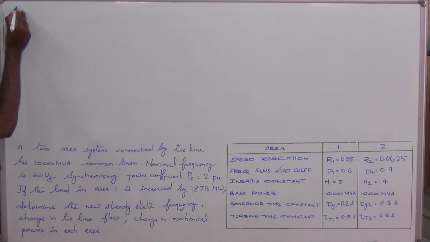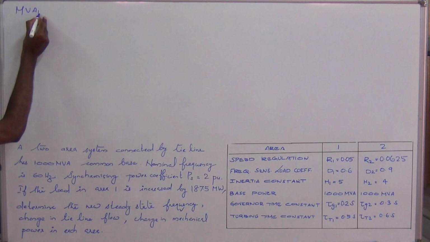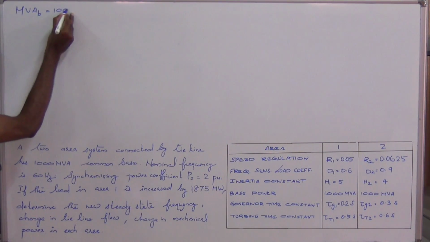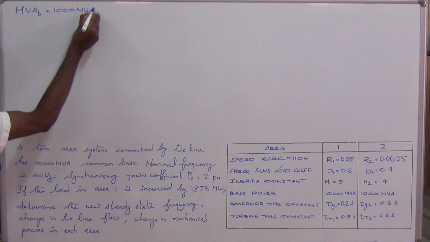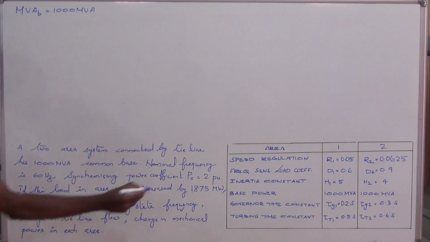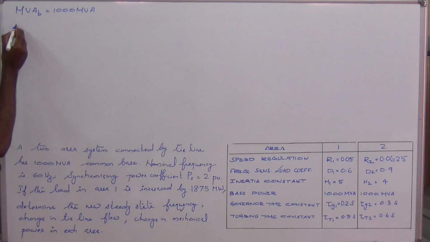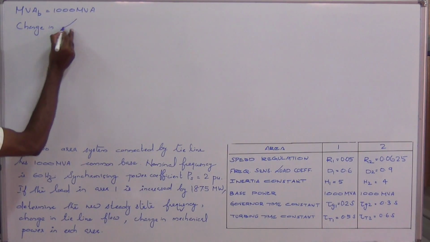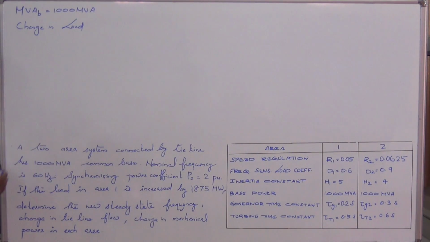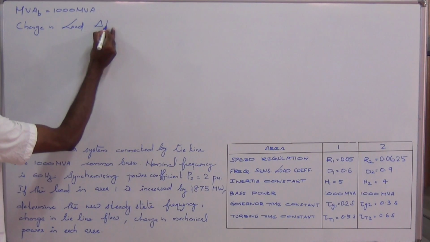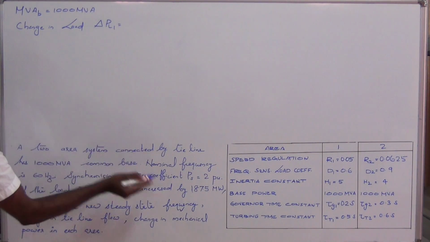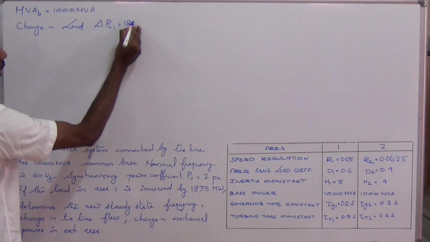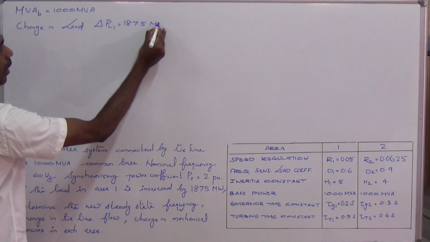Now let us choose MVA base equals 1000 MVA. Now what is the change in load here? The change in load in the first area, delta PL1, equals 187.5 megawatt.